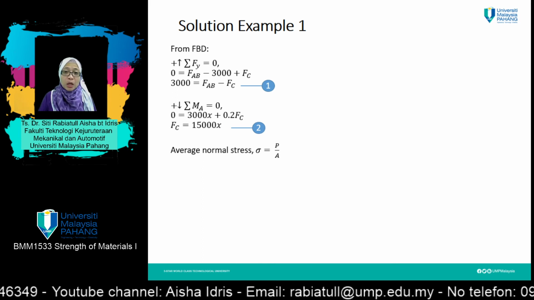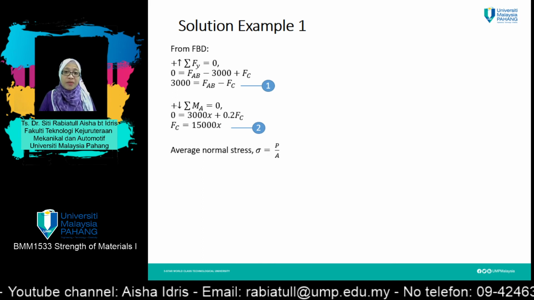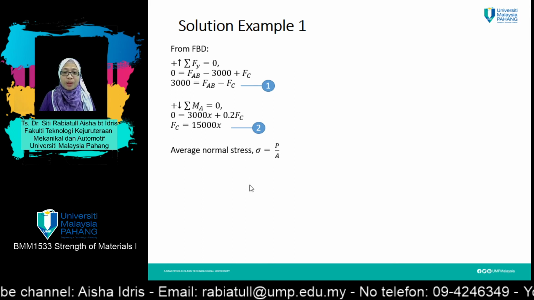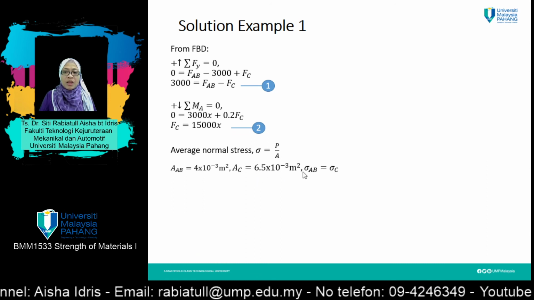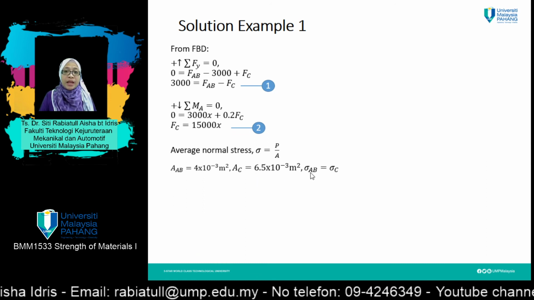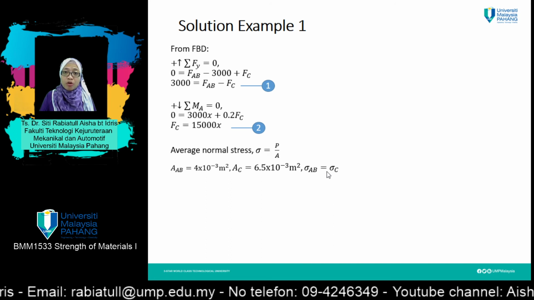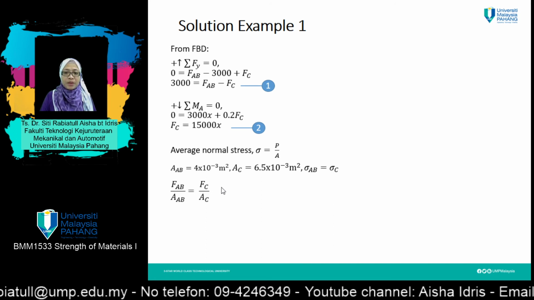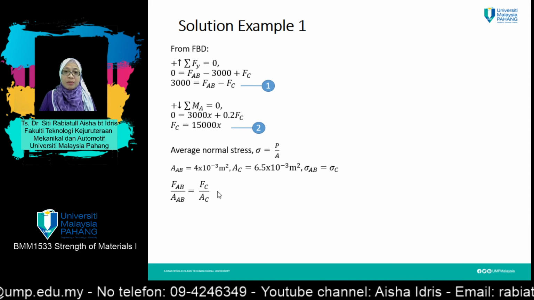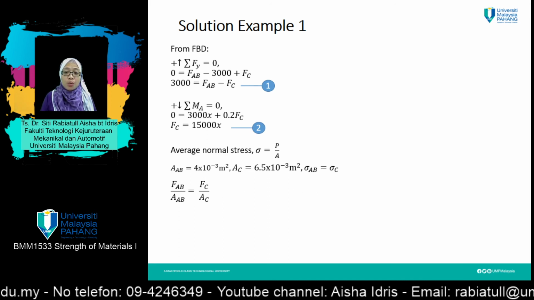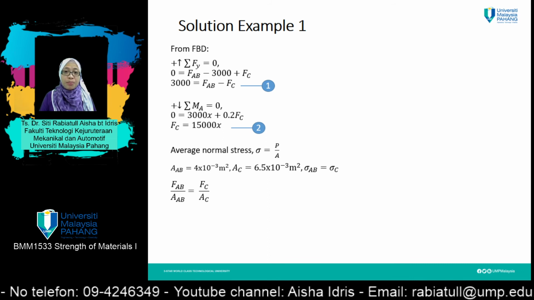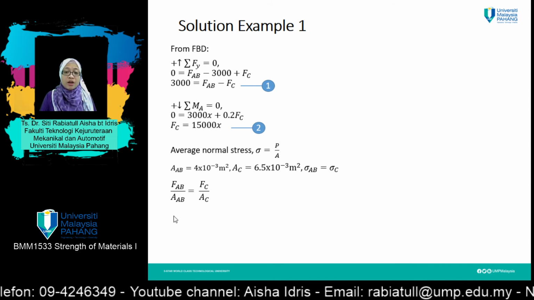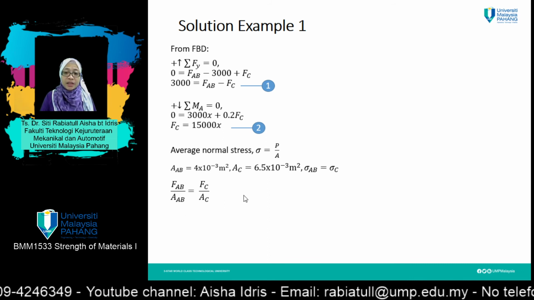If you notice, in our problem there is a condition on the stresses, whereby the value of stress in AB equals the value of stress in C. And therefore, just substitute the formula sigma equals P over A, or F over A, for AB and FC.